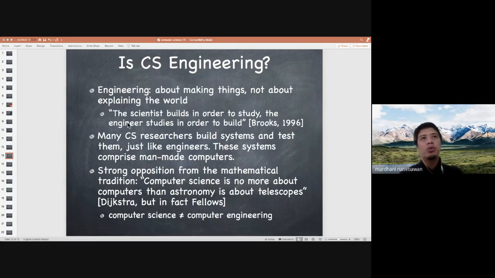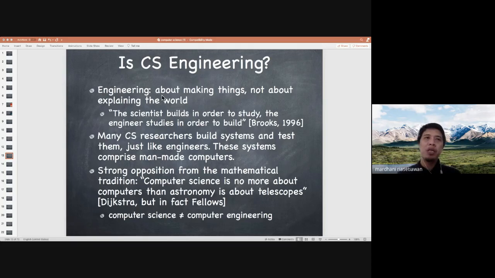So here we can see a very fundamental differentiation from science. Engineering is more focused on developing or making something from the abstract into the physical, from concept into the real thing.